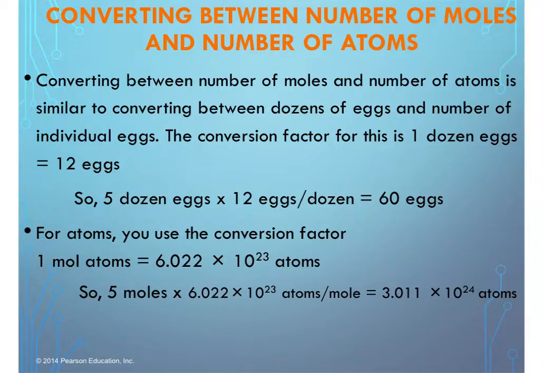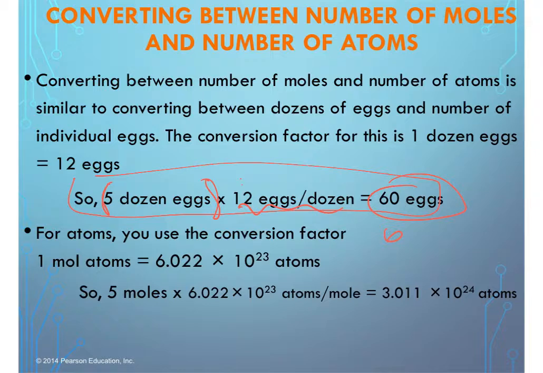I think that if somebody said, how many eggs are in 5 dozen eggs, you would just intuitively know that since there are 12 eggs in 1 dozen, there must be 5 times that many. 5 times 12 eggs in a dozen, or 60 in 5 dozen.